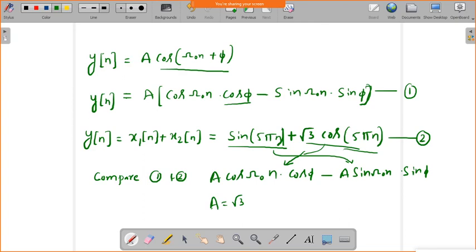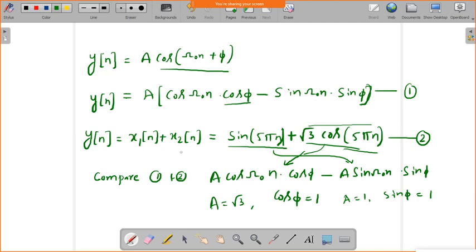The cos phi value in this term is 1, so the value of A is root 3 and cos phi value is 1. In a similar way here, the A value is 1 and sin phi value is equal to 1 again. So now we need to compare and take the values.